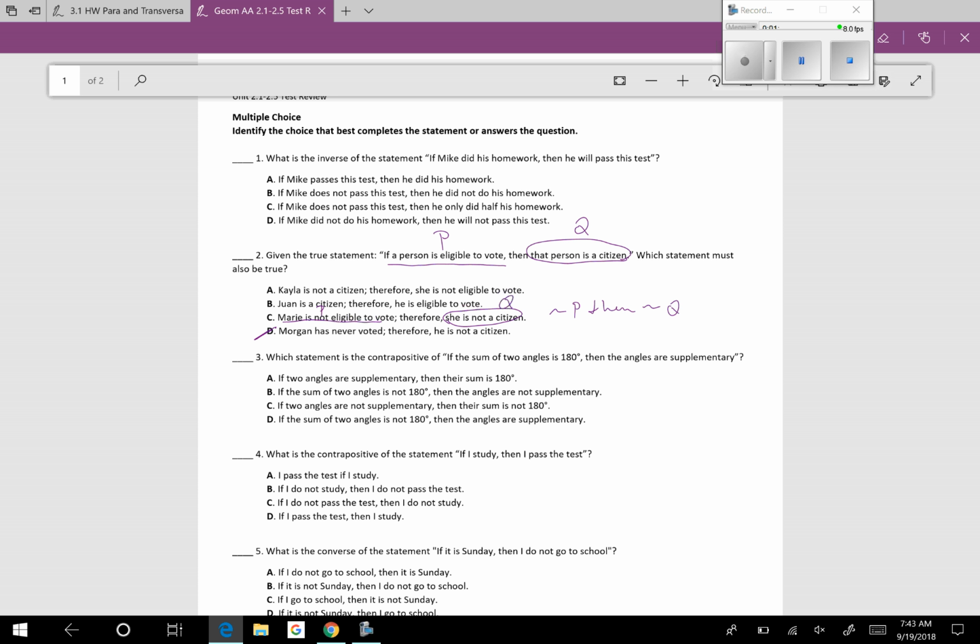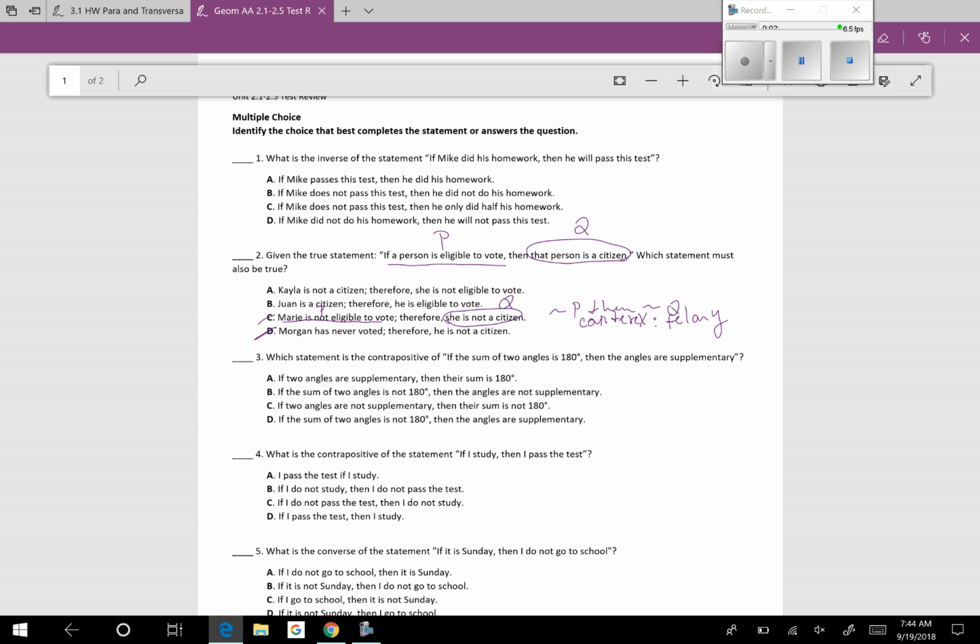Can we come up with one example of when someone might not be eligible to vote but still be a citizen? There actually is. There are a few cases, but the main one is if you have committed a felony, you lose your right to vote. So we can eliminate C because we came up with a counterexample: if you've committed a felony.